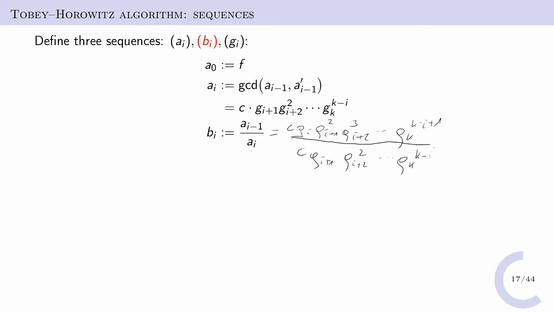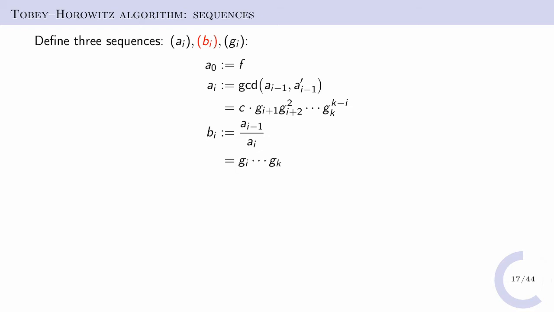If we now cancel whatever we can, we cancel c, and we cancel the exponents pairwise. What we get all in all is that b_i is a product starting from g_i up to g_k. It's a product of the first powers of all the square free factors of f starting from g_i.